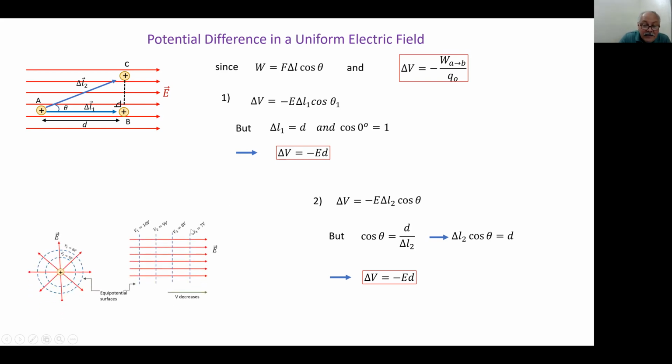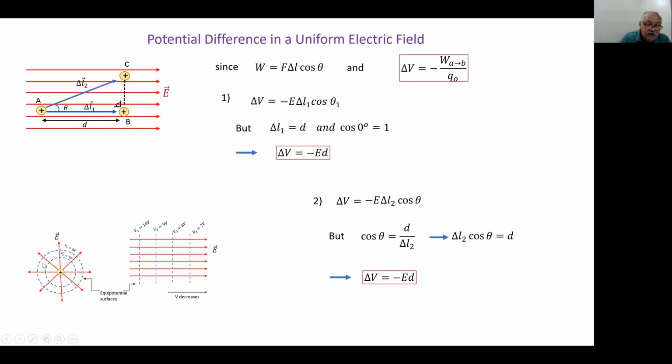All of these lines perpendicular to the electric field are at the same potential. We proved it right here. You find the same answer when we change the position, but as long as they are perpendicular, the potential difference is the same. So again, these lines perpendicular to the electric field are at the same potential.